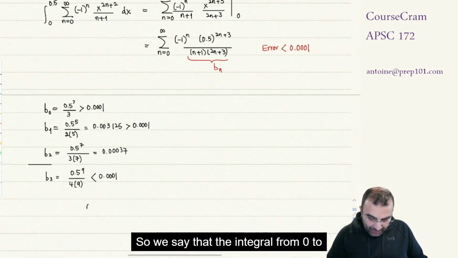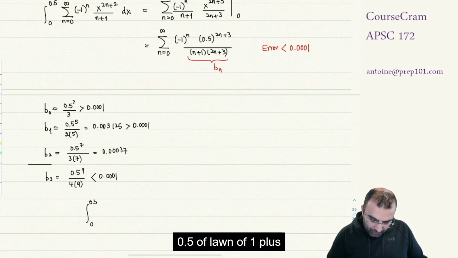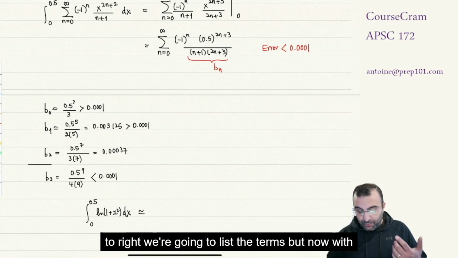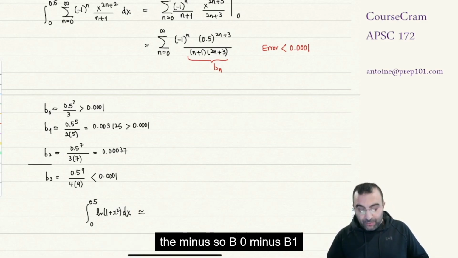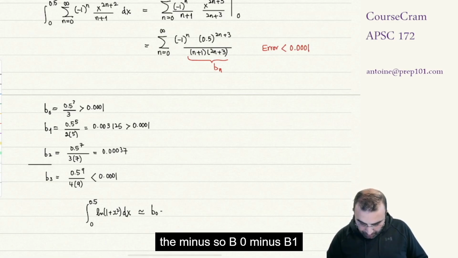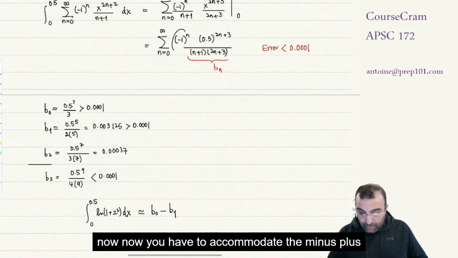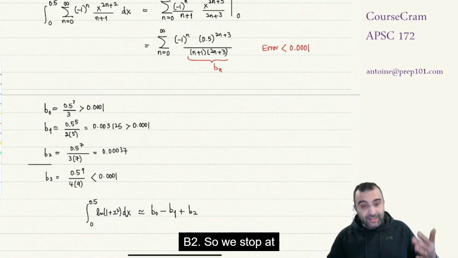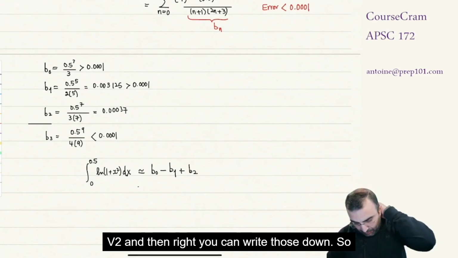So we say that the integral from 0 to 0.5 of ln of 1 plus x squared dx is approximately equal to, we're going to list the terms, but now with the minus: b0 minus b1, plus b2. So we stop at b2, and then you can write those down.